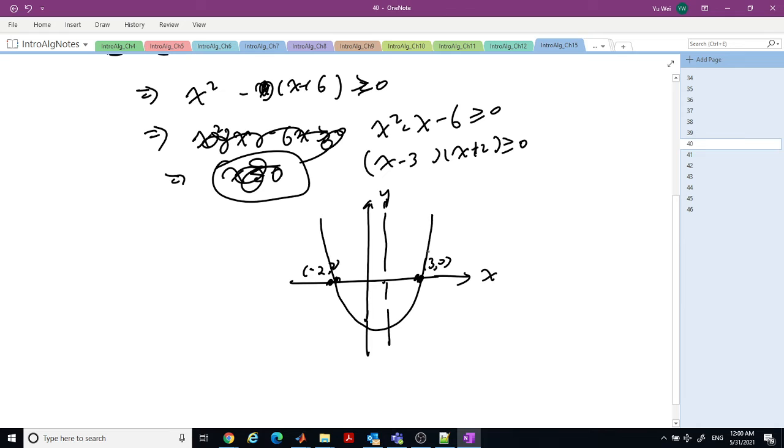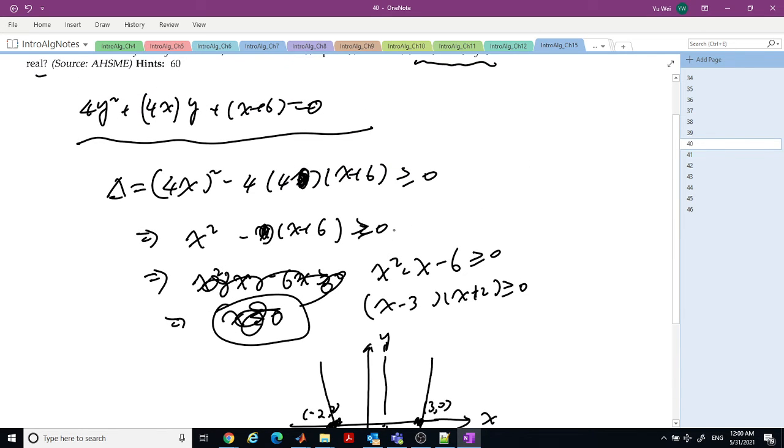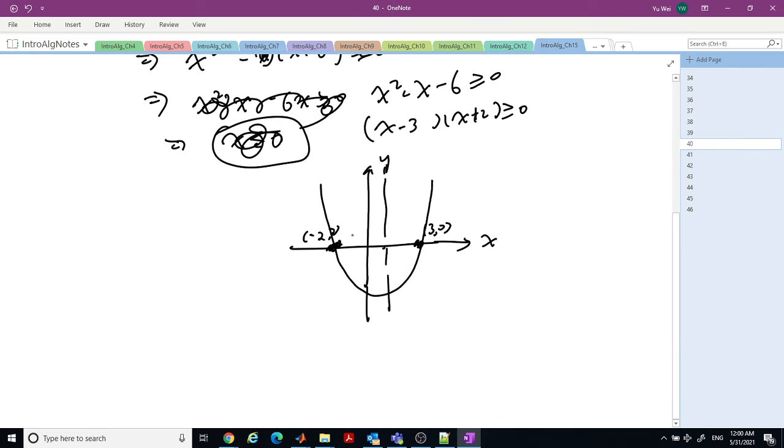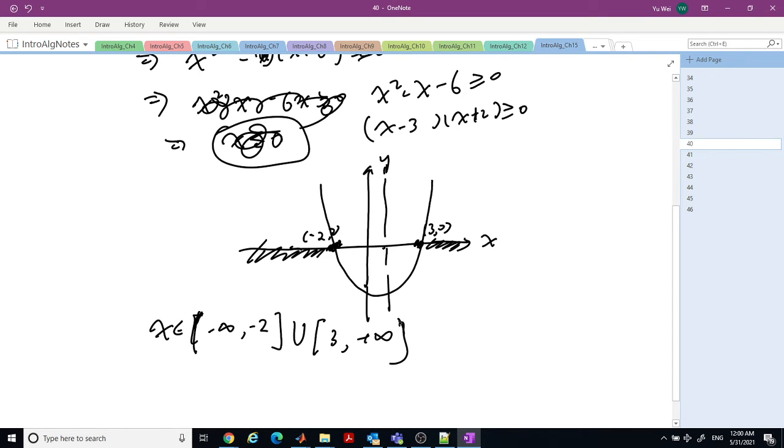Okay, we want this one to be greater or equal than 0, so we have to have this range and this range. So the range of x should belong to negative infinity to -2, union 3 to positive infinity. Okay.